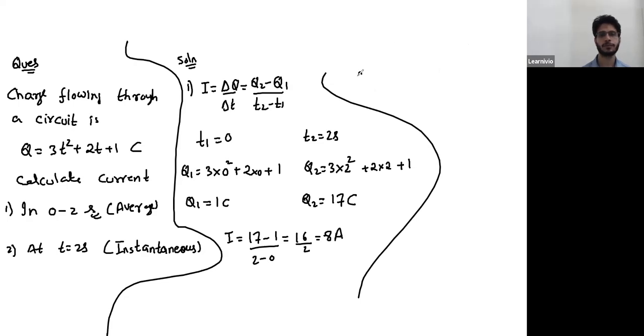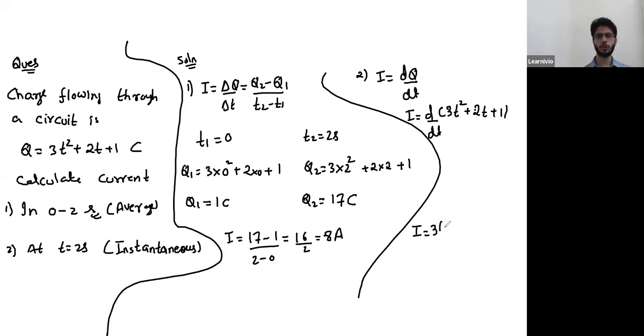Second part. For instantaneous current, you need to differentiate charge with respect to time. Instantaneous is dq over dt. So that's simply d over dt of q, where q is 3t square plus 2t plus 1. If I differentiate it, this 3 is constant, so you can take it outside. Just differentiate t square.